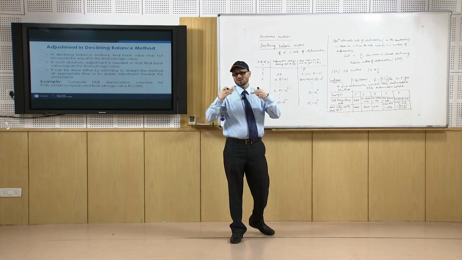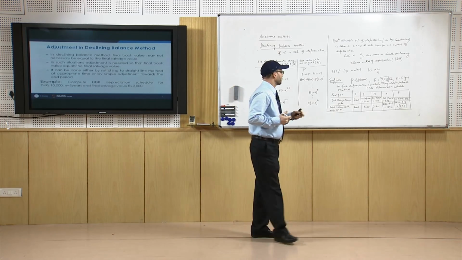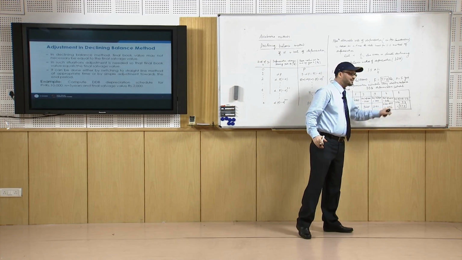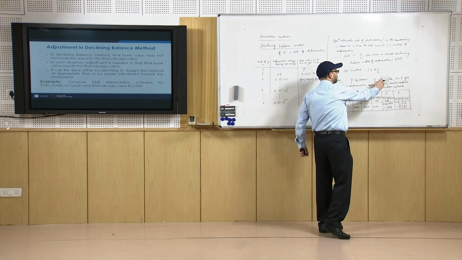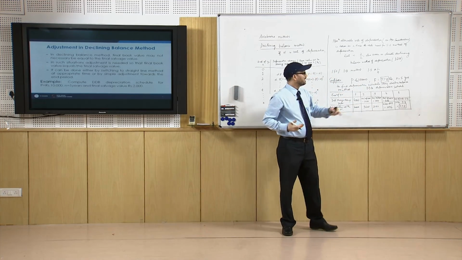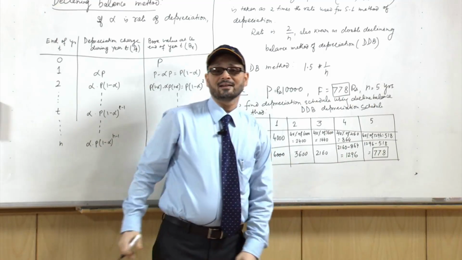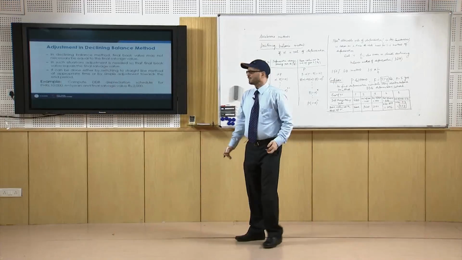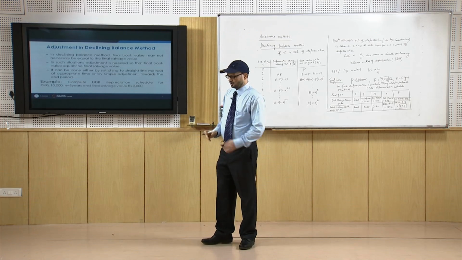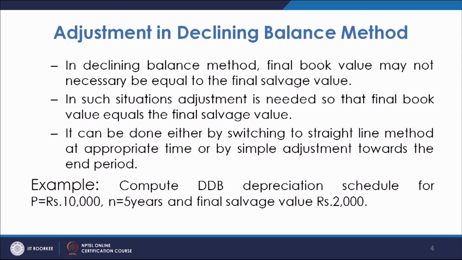Now, this is not a certain situation in many cases, and you will find that the book value at the end of its life, that is the salvage value, may be either more or less than its value. So, let us see a problem where the salvage value is given as rupees 2,000. You have to find the depreciation schedule using DDB and the salvage value is given as rupees 2,000.